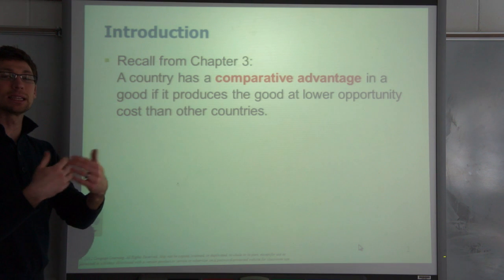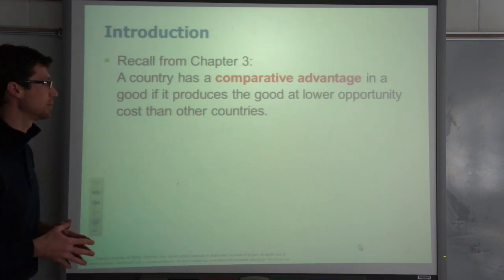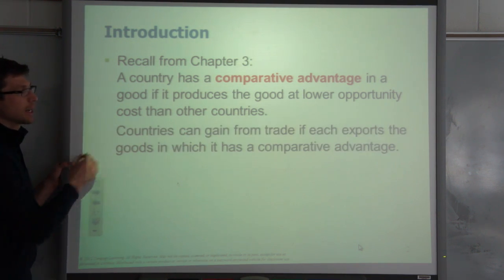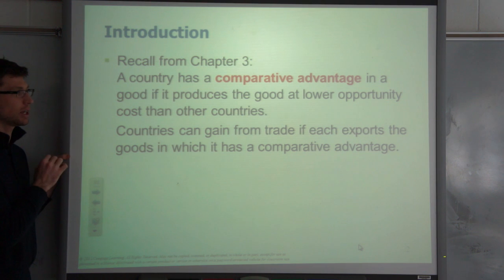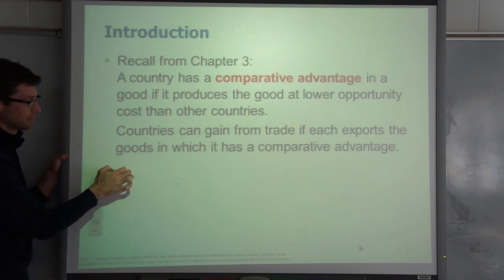I give up less of the other good. I'm missing out on less when I produce that good. Then I would have a comparative advantage. Countries gain from trade if each exports the goods where they have a comparative advantage.